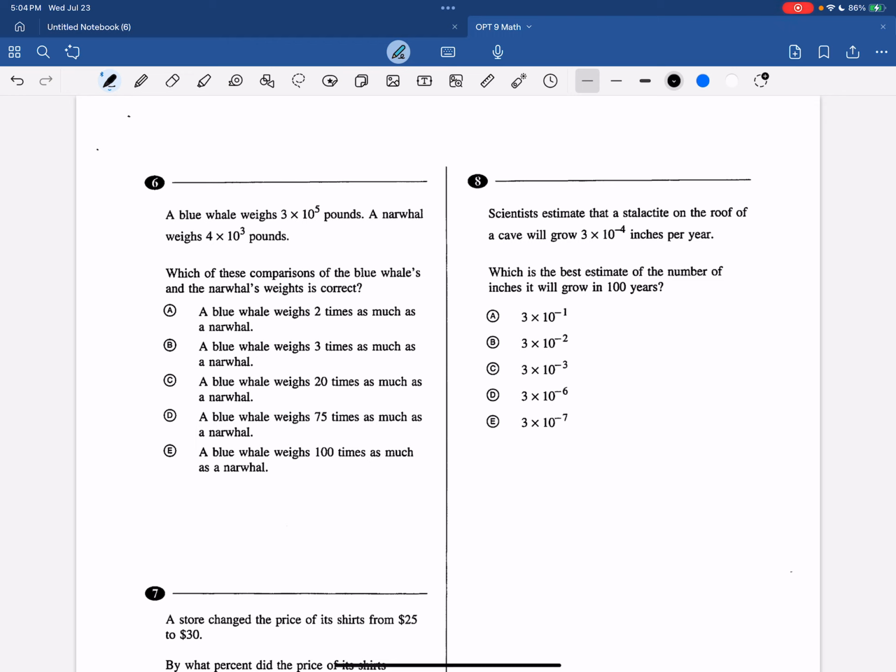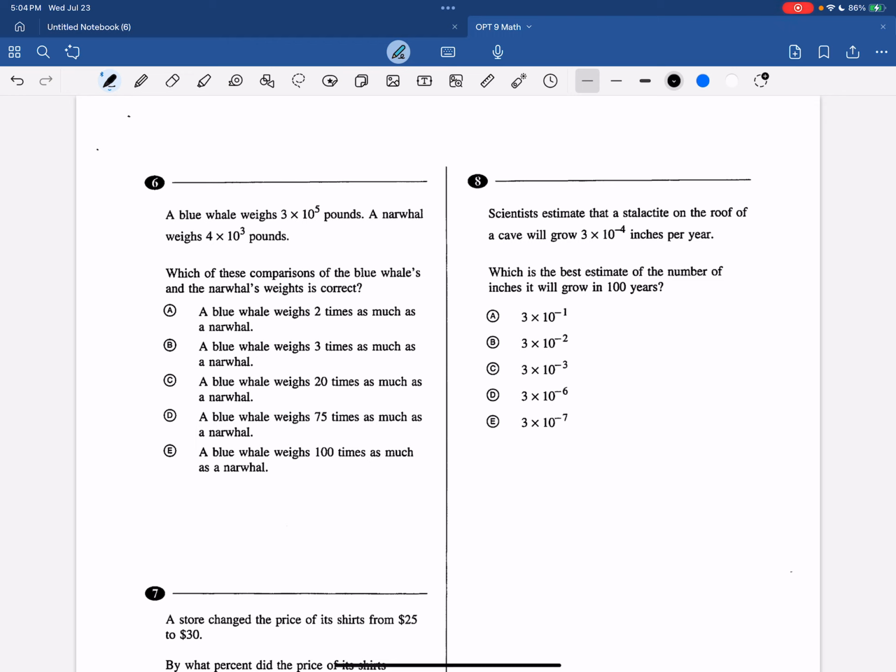And in this situation, when you have division of exponents, this is what they're actually testing. I'm going to show you a different way, but this is what they're testing. You subtract those exponents. So 5 minus 3, that is 2. So 10 to the 2nd power.